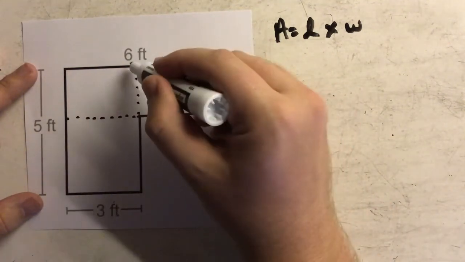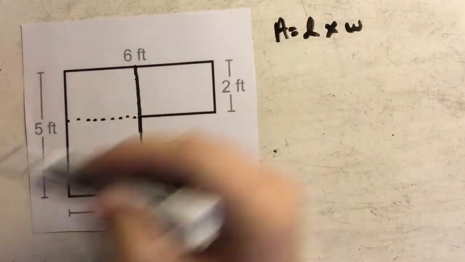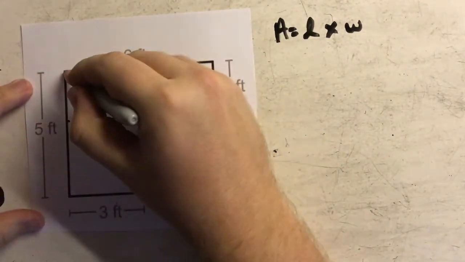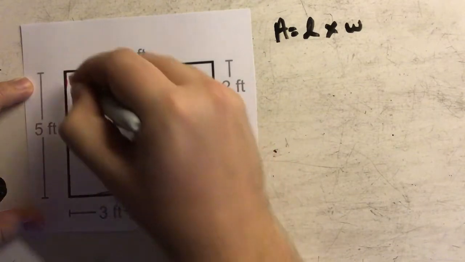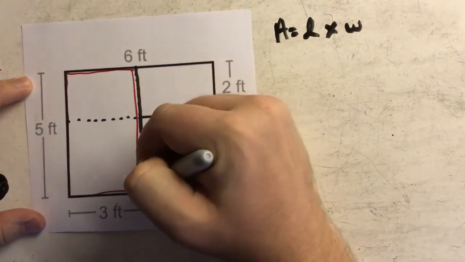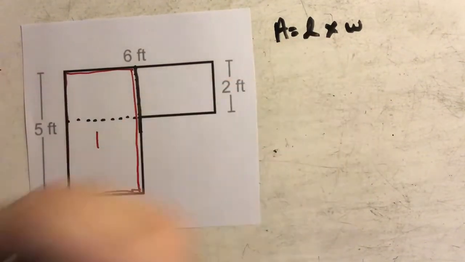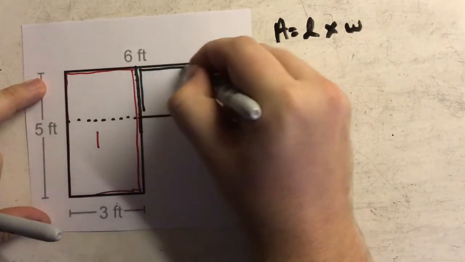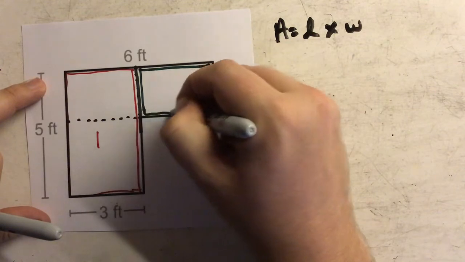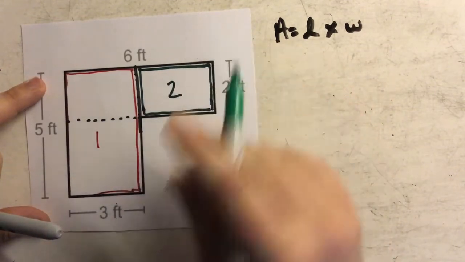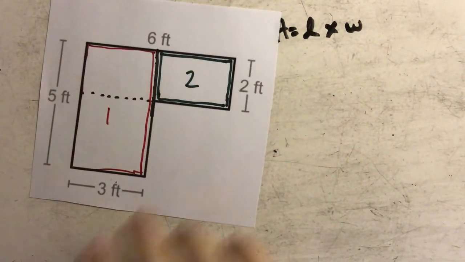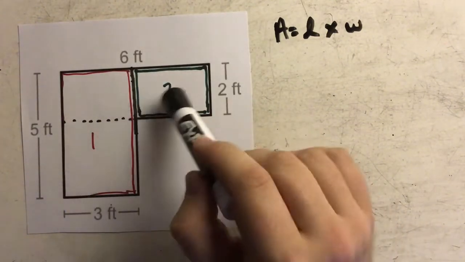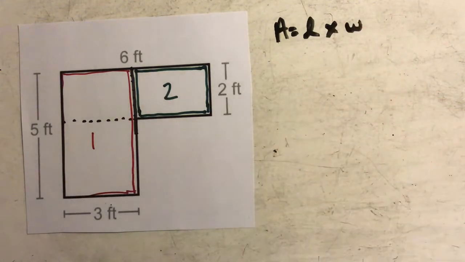So I'm going to choose to cut it this way for today. I'm going to cut it right down here, and we're going to say that this rectangle over here is rectangle 1. And we'll say that this rectangle over here is rectangle 2. And again, in order to find the combined area of these two, I'm going to find the area of each one individually and then add them together.